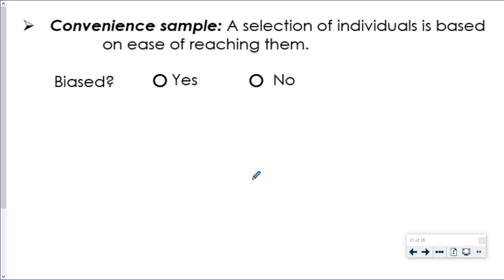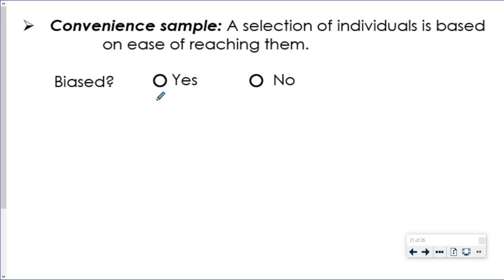Let's say you just picked out your class. So you just walked around your classroom to the people that were there because they're easy to talk to. They're right there. You don't have to go searching for anybody. You don't have to go hunt anybody down. And you just talk to those 15, 20, 25, 30 people in that one classroom. That's called convenient sampling.